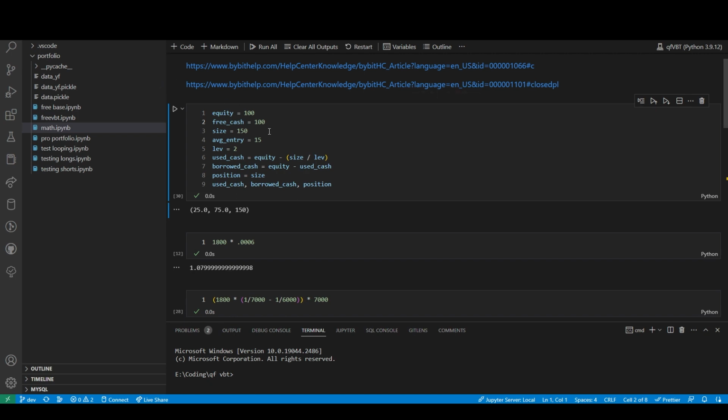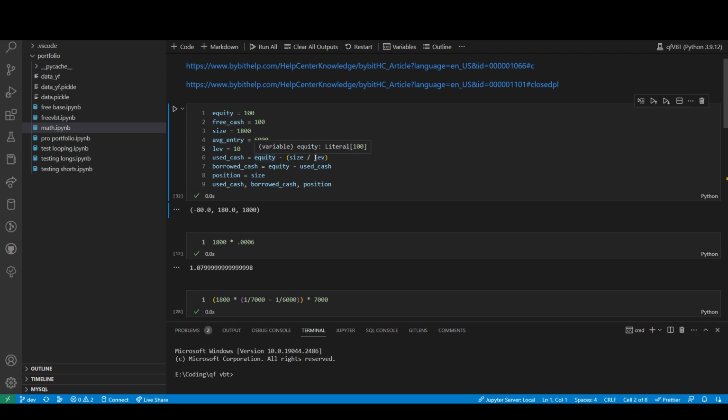So let's do the same thing here. We have the size is 18,000. The average entry is 6,000. The leverage is going to be 10. So my used cash is size divided by 10.